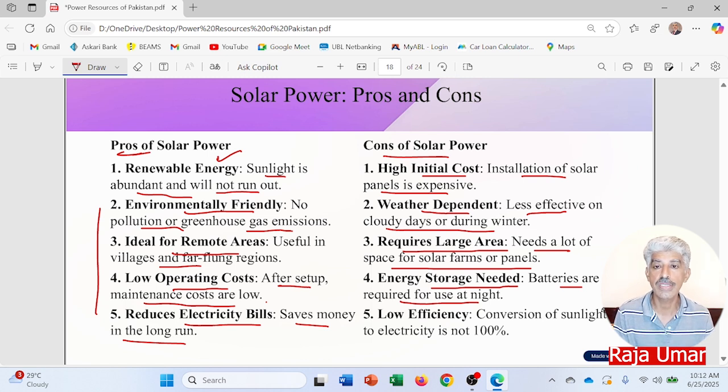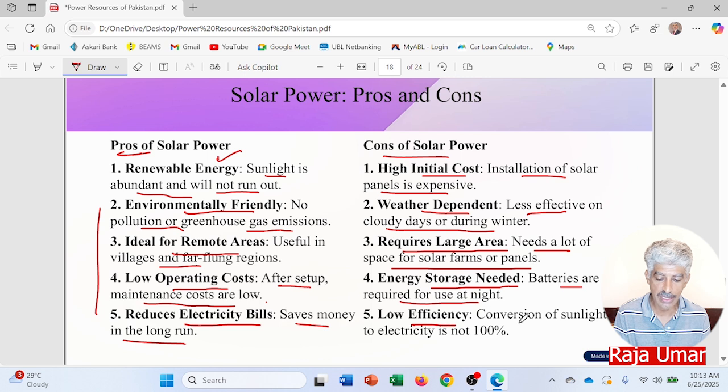For a single house, if 10 kilowatt solar panels are installed, then you need about 10 to 12 batteries to store that energy produced by those solar panels, and that expense is on you after every 2 to 3 years, as the batteries would get drained off. So that is not a good decision, to install batteries.